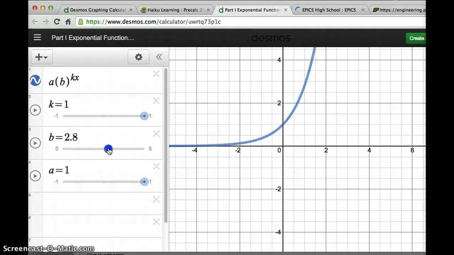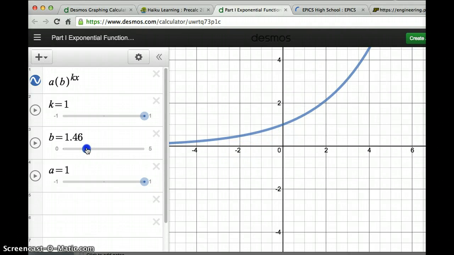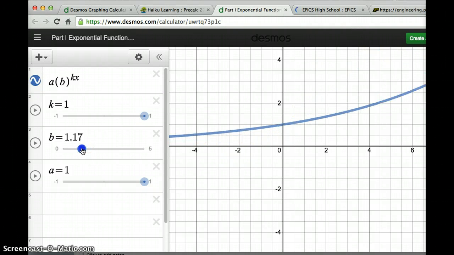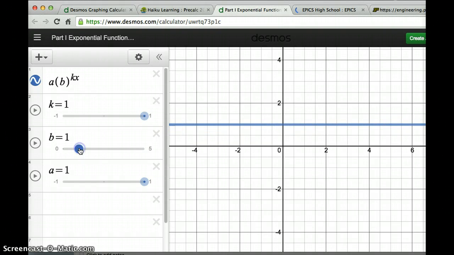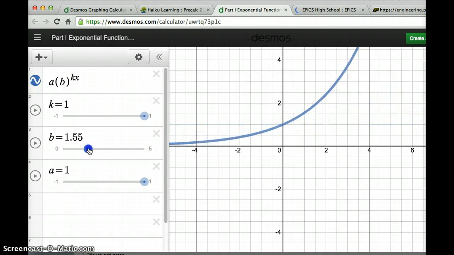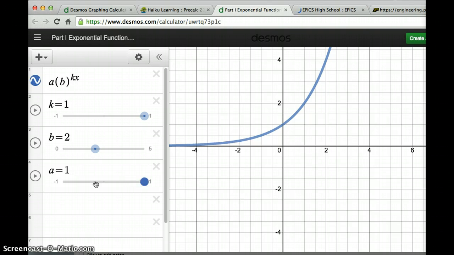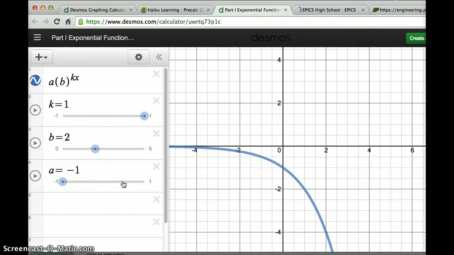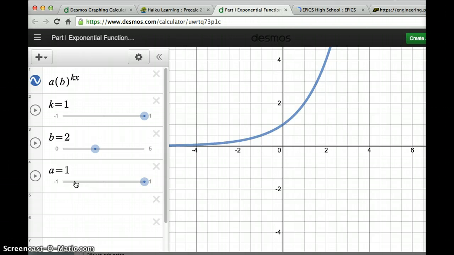There's no negatives involved. What you should have realized is that if I make the coefficient of the function, and we're going to stick with b equals 2 for this example, if I make a, the coefficient, negative, that reflects my line over the x-axis. You can see it right here. It's reflecting vertically over the x-axis.